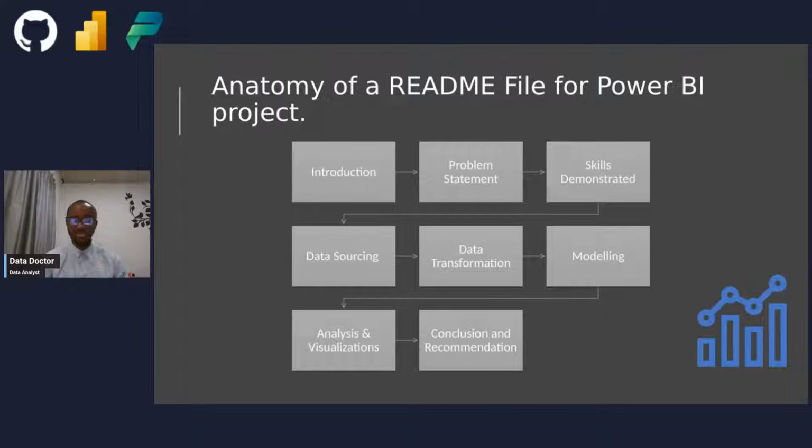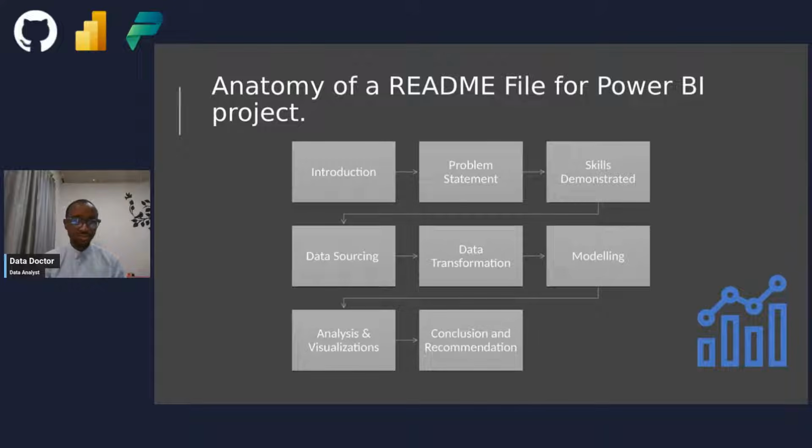You start with the introduction, of course, the problem statement, because whatever project you do should point to solving a problem, whether it is imaginary, using a dummy data set, doesn't matter. It should point to solving a problem, to the extent that when recruiters see your GitHub documentation, they are quite convinced they can give you a try.